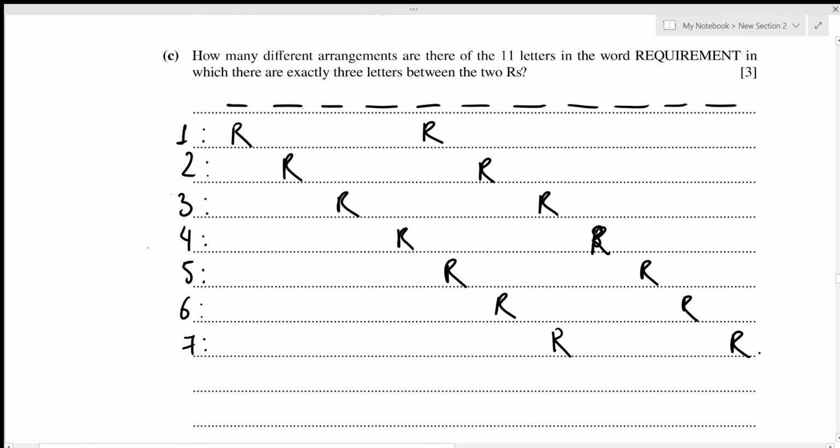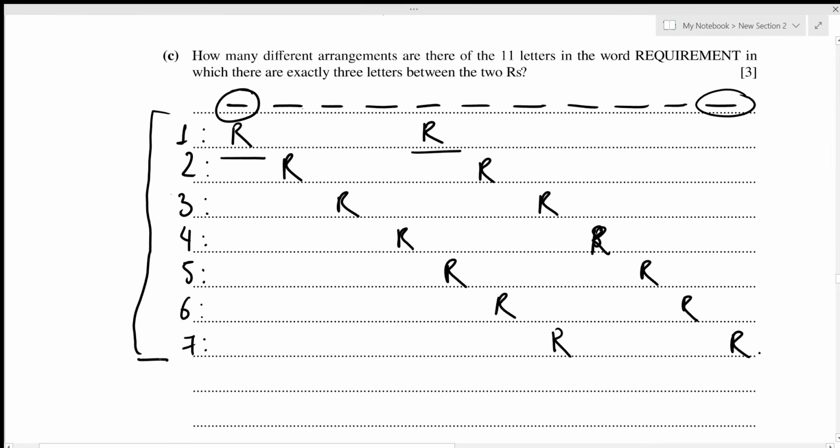We can't have another possibility because this considers the first letter and the last letter, and in between whatever placements there could have been. So we just need to figure out the arrangement of the remaining 9 letters, because for the remaining 2 letters of the word requirement, R and R, we're already considering it, and we already figured out that there are going to be 7 possibilities.